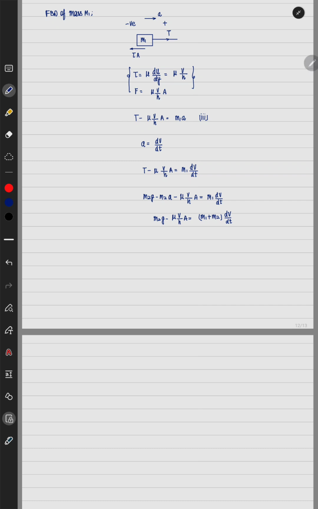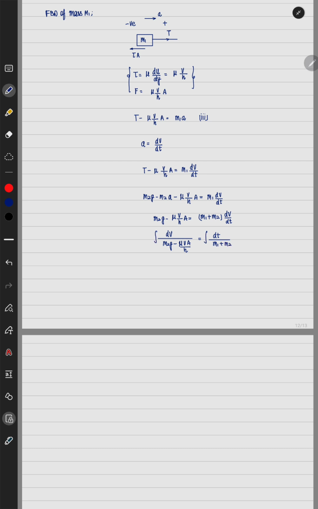This is the differential equation we have got. Now we can use the separation of variables technique to solve this differential equation to get v as a function of time. So dv divided by m2g, which is constant, minus mu into v into A divided by h, is equal to dt divided by m1 plus m2.